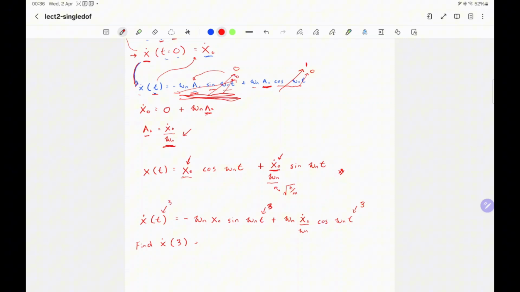And omega n, as I mentioned earlier, we can find from square root of k over m, and x naught and x dot naught will be provided in the question.